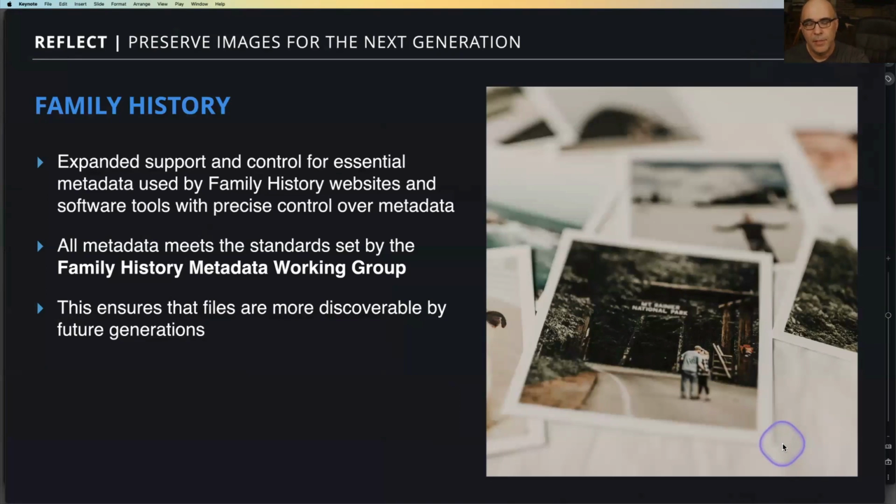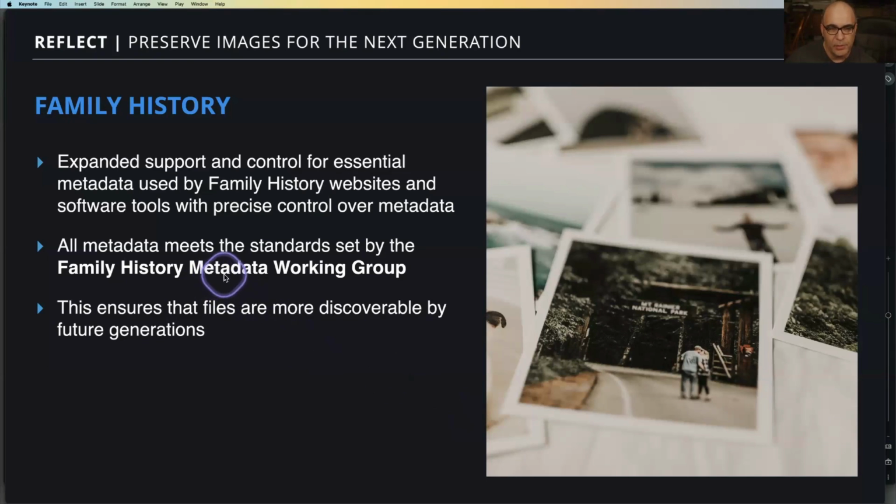Okay. So we can add that information in, and everything you add to the photo is actually compatible with the Family History Metadata Working Group, which is a group of professional organizations, and they set standards so these files will work across history, as well as on sites like Family Search and others, so that the information that you add in one program can be shared and discovered by other people in future generations.